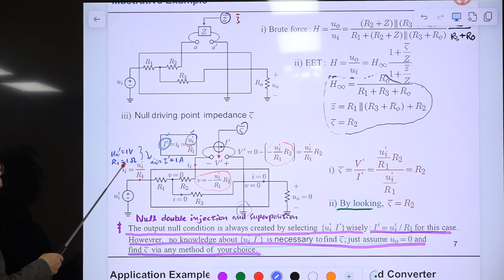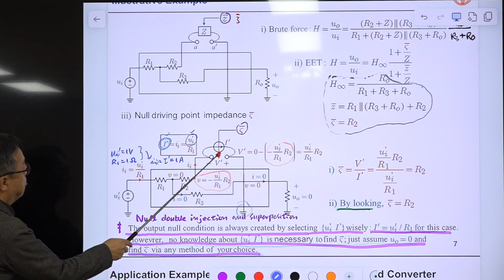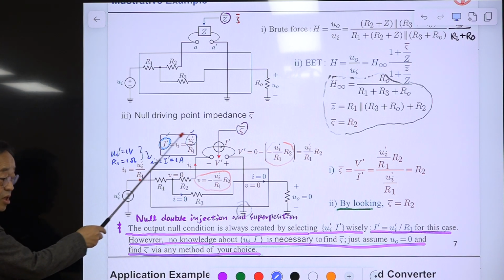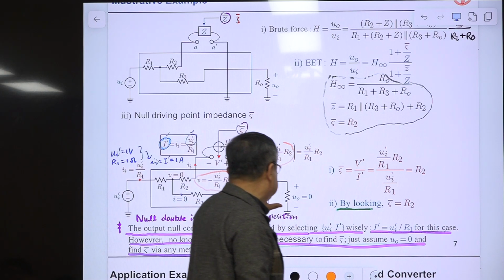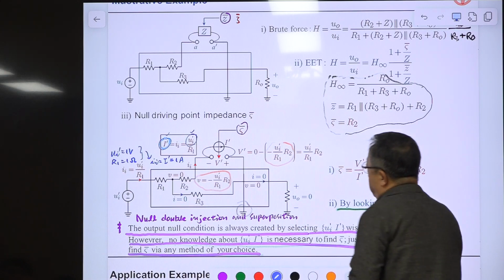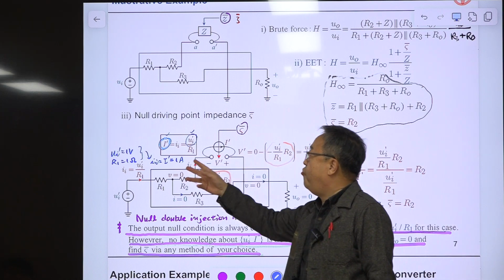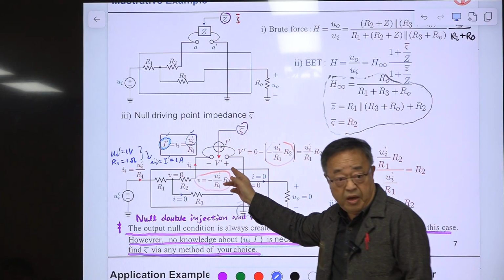Then the incoming current is this one, and this current is 0, so that should go this way. So I prime should be this one. So we have a relationship between this. Using this, under the assumption of the output null condition, we find out the relationship between this variable and this variable.